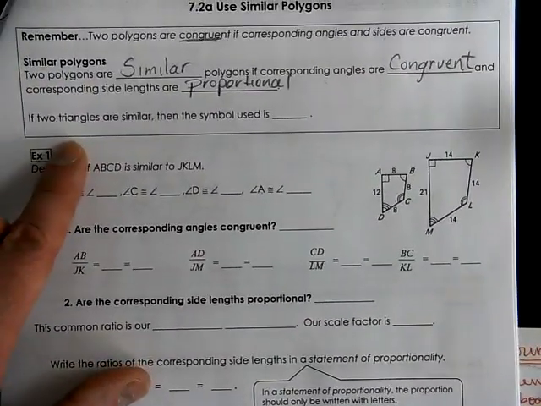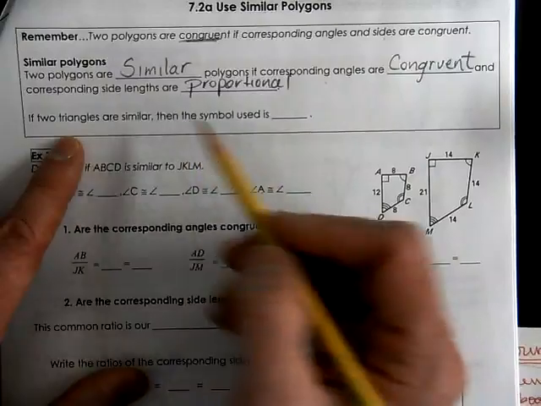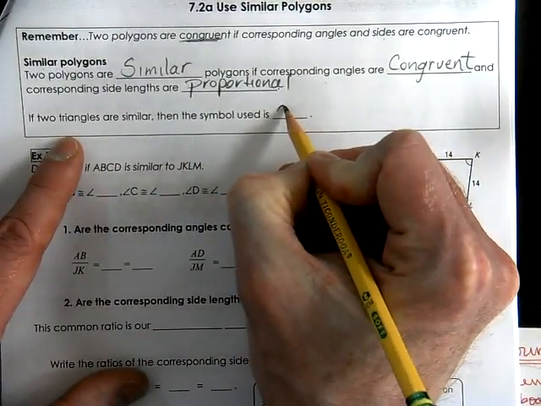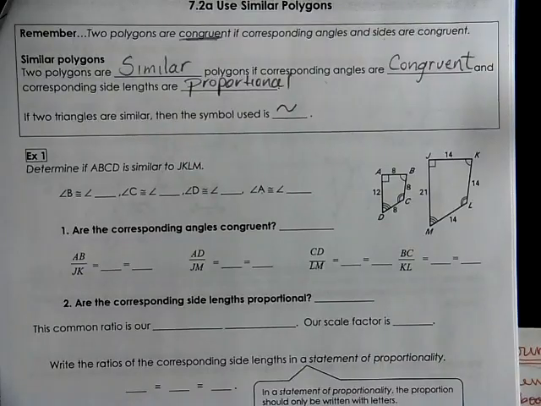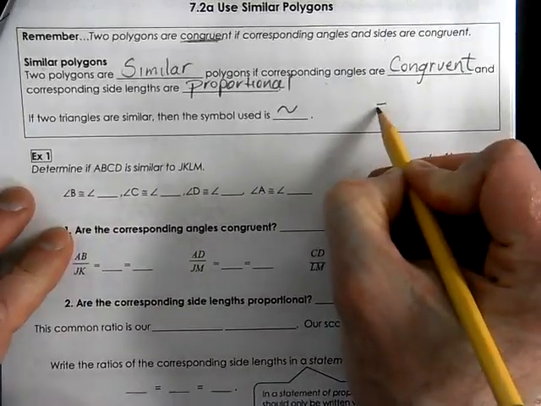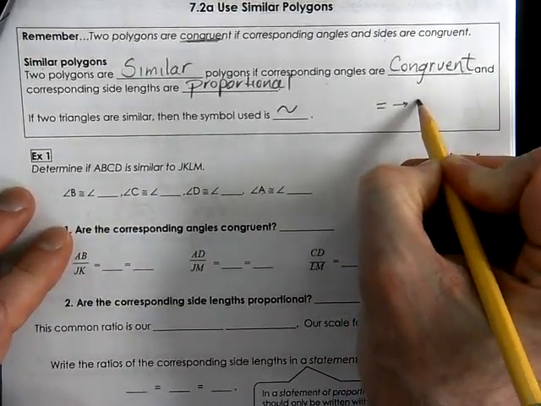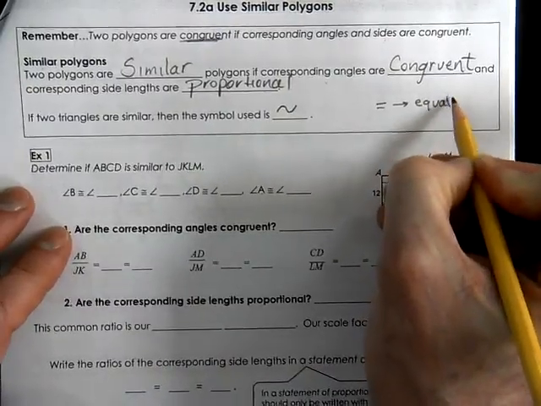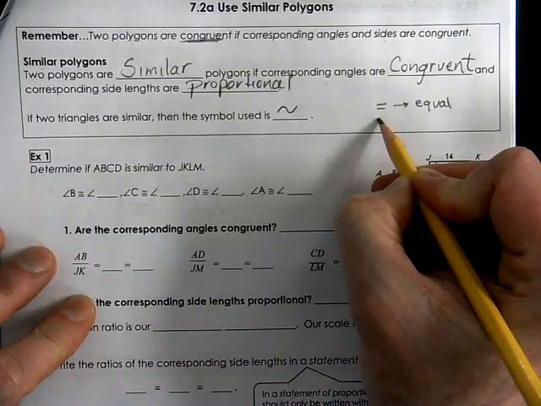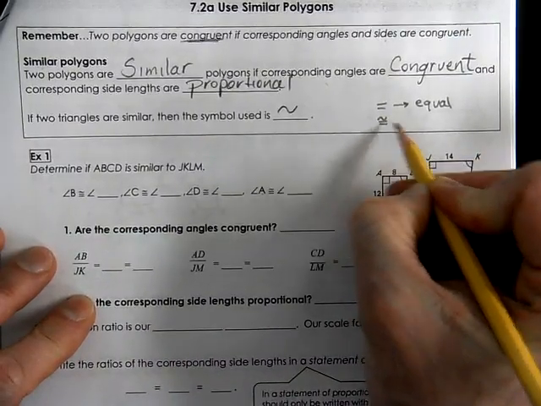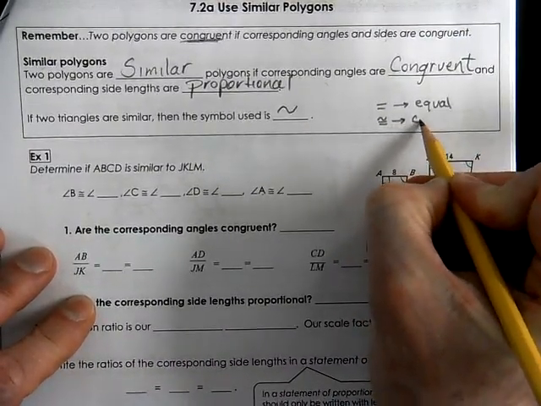There's a symbol that we use for similar, and that's a single squiggly line. We know that when we have the two bars, we mean equal. When we have a squiggly line with two bars, we mean congruent.